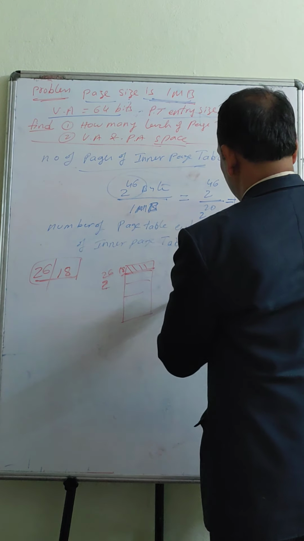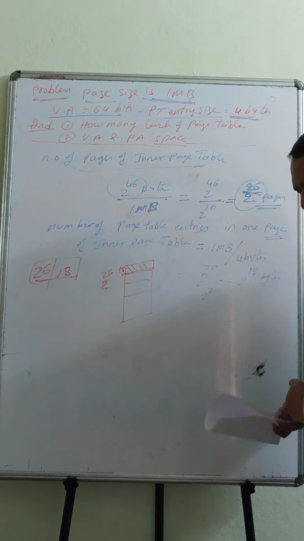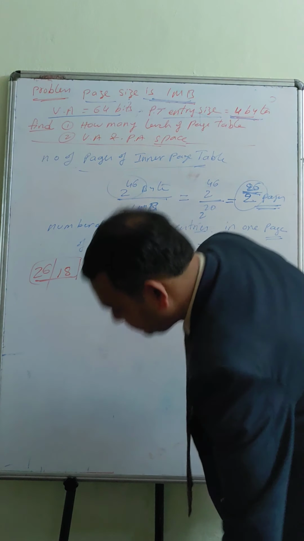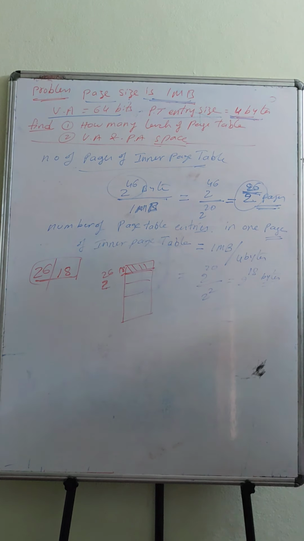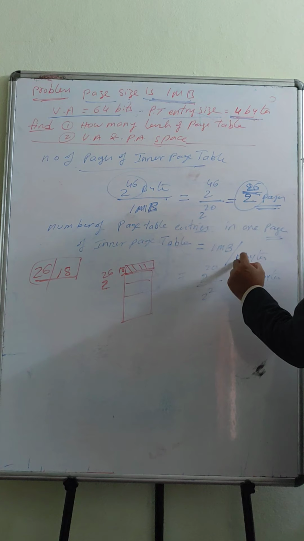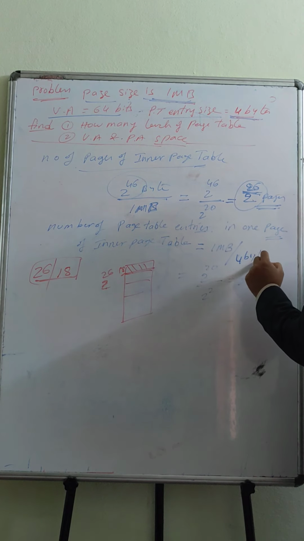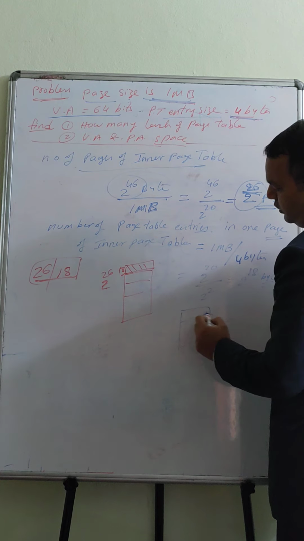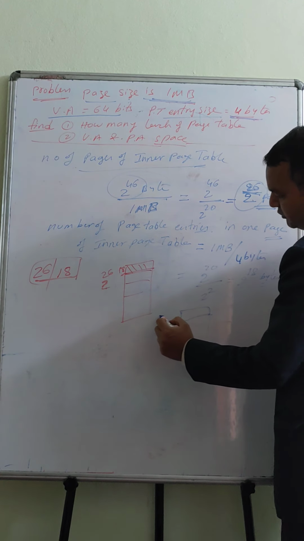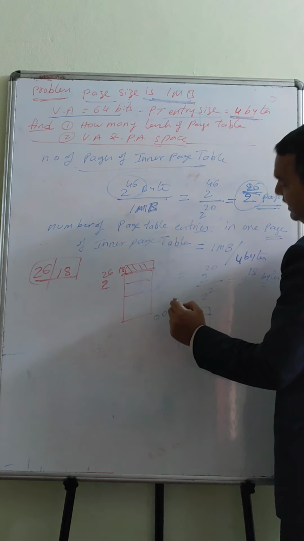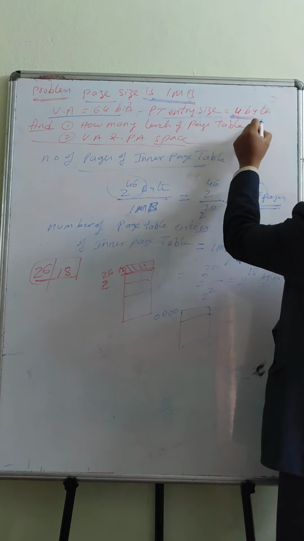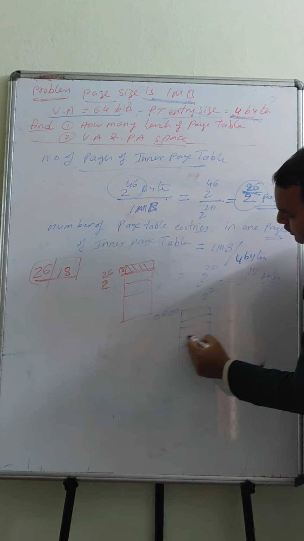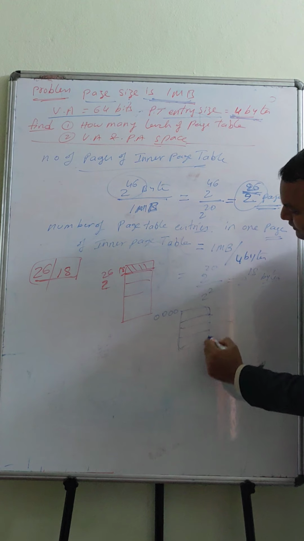Why did we get this? Why did we divide by 4 bytes? I told you in the last video. Suppose this is the first location, 0, 0, 0, and it represents 4 bytes.